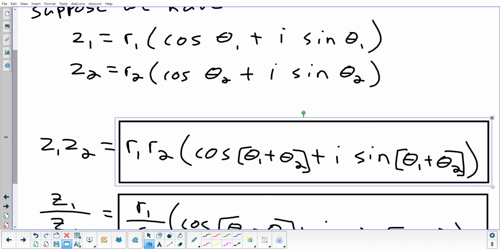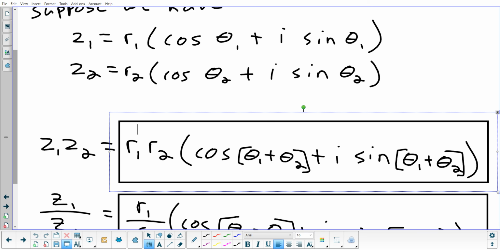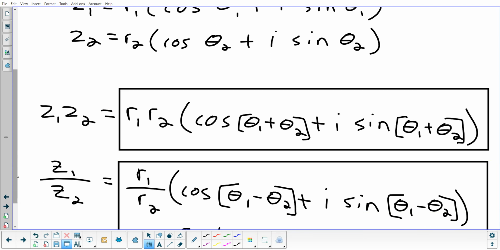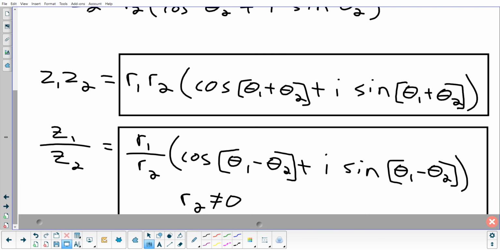So the proof of why this works isn't really that hard. The concept would be pretty similar for this one, right? But right now, we're not going to go through the proofs of those two formulas. It does involve the cosine sum identity and the sine sum identity. That's where the formula comes from.